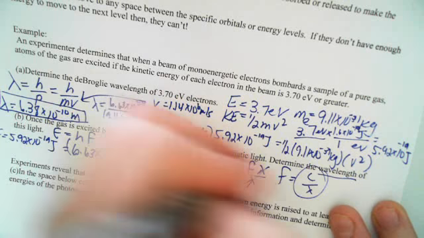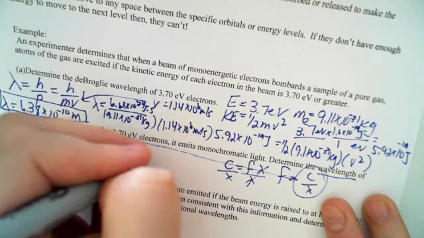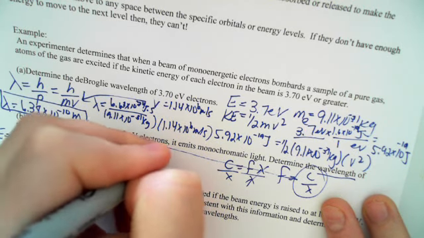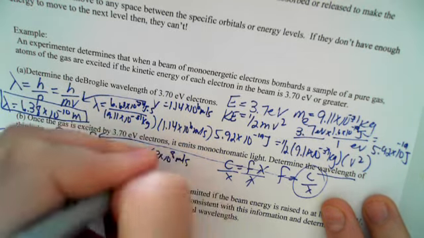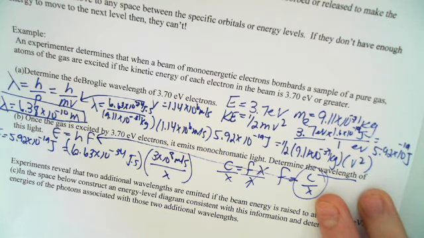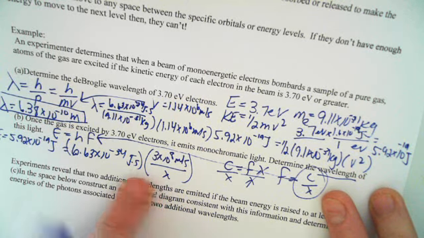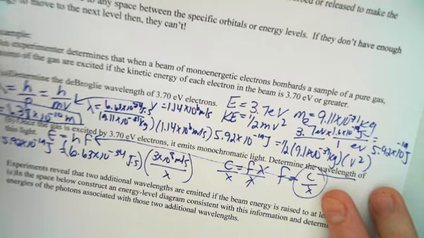We can plug c over lambda into our equation for frequency, so that's 3 times 10 to the 8th meters per second divided by lambda. See what I just did? I just plugged that equation in for this one. You don't have to do it that way, but I just thought I'd show you a little shortcut.